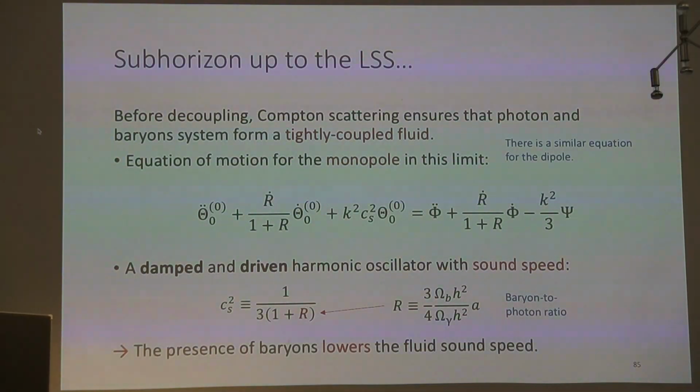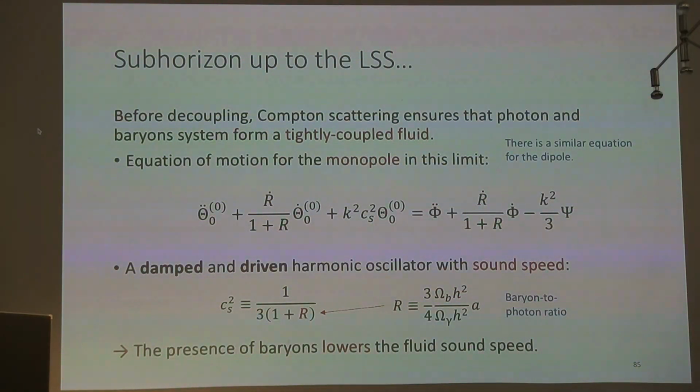And the way the baryons are manifesting themselves is basically through this R parameter. So in other words, if R is large, then the sound speed would be lower. And this is called baryon loading. So by coupling photons to baryons, you lower the sound speed of the combined fluid, which is not surprising.